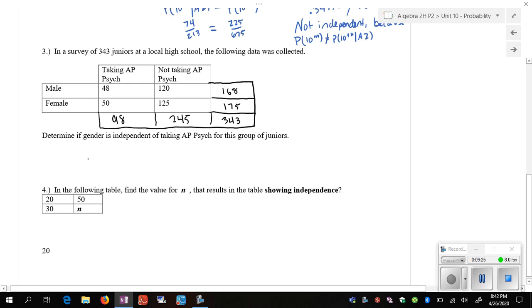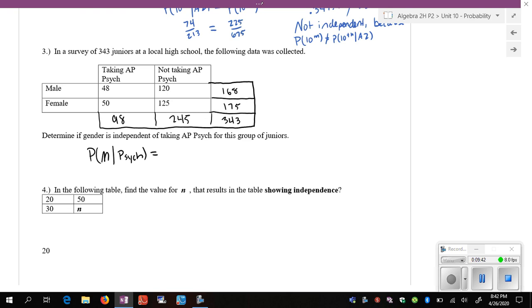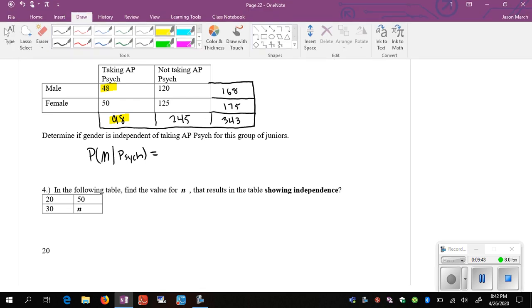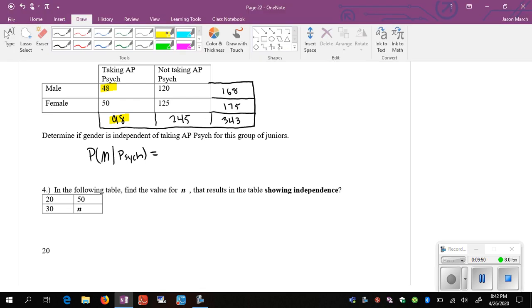We could do the probability that a student is male given that they take Psych. The probability that a student is male given that they take Psych is going to be this ratio here, 48 out of 98, because our condition was AP Psych.